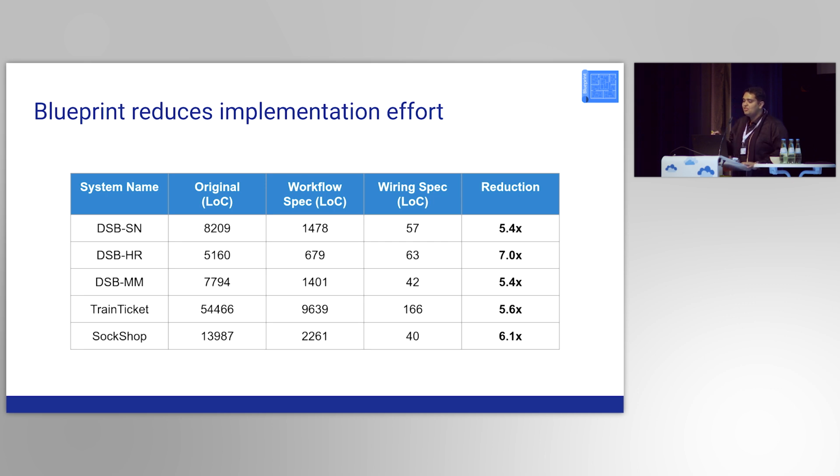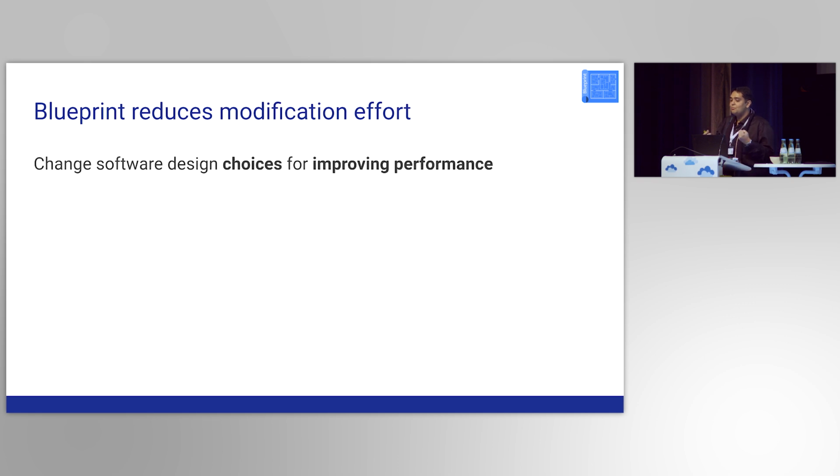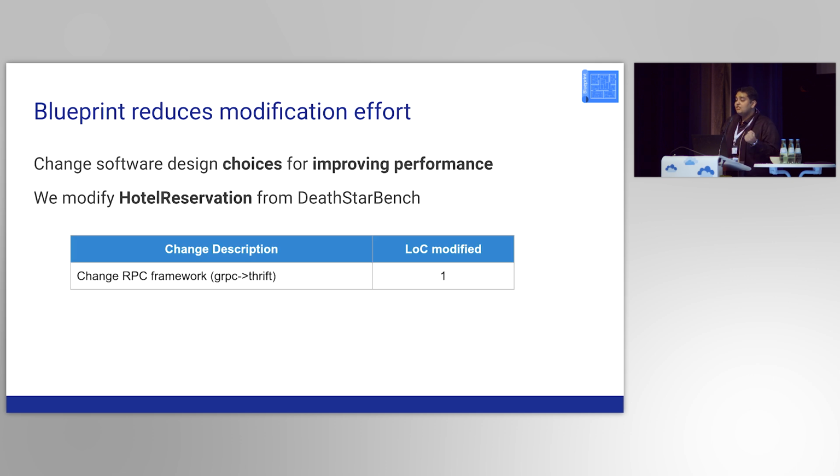But Blueprint doesn't just reduce the effort to implement the systems, it also reduces the modification effort. So consider the scenario where you needed to change software design choices for improving performance for an application like DeathStarBench's hotel reservation system. Changing the RPC framework from gRPC to Thrift required one line of code change. Changing the client pool size required a further one line of code change.